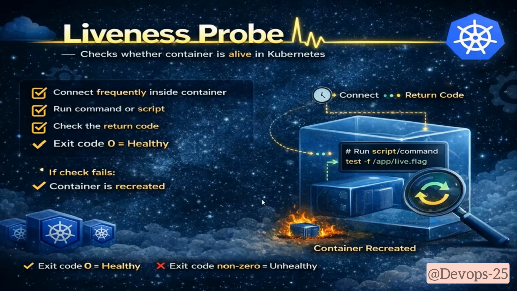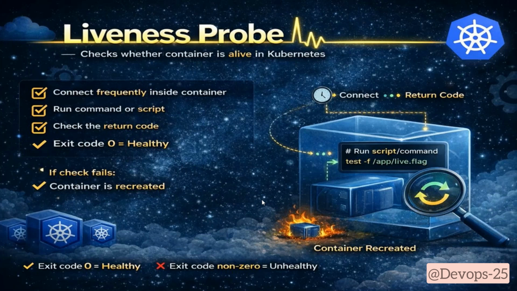And we need to discuss one more important point here. Kubernetes already restarts the containers if they crash. But why is the liveness probe so important here? The liveness probe is not for crashes. It is for situations where the application is stuck and not responding. And sometimes the application is internally broken.